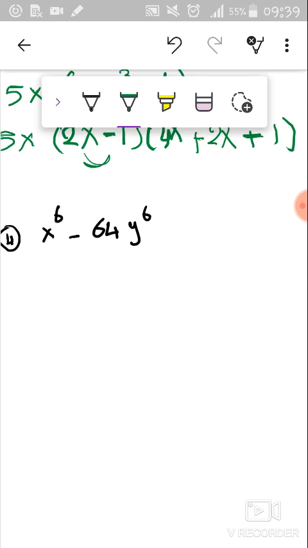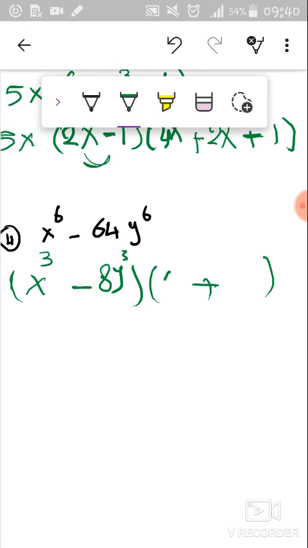So I can do it as a difference of two squares, so it will be two brackets, one of them positive and the other negative. The square root of x to the power 6 is x to the power 3. The square root of 64y to the power 6 is 8y to the power 3.